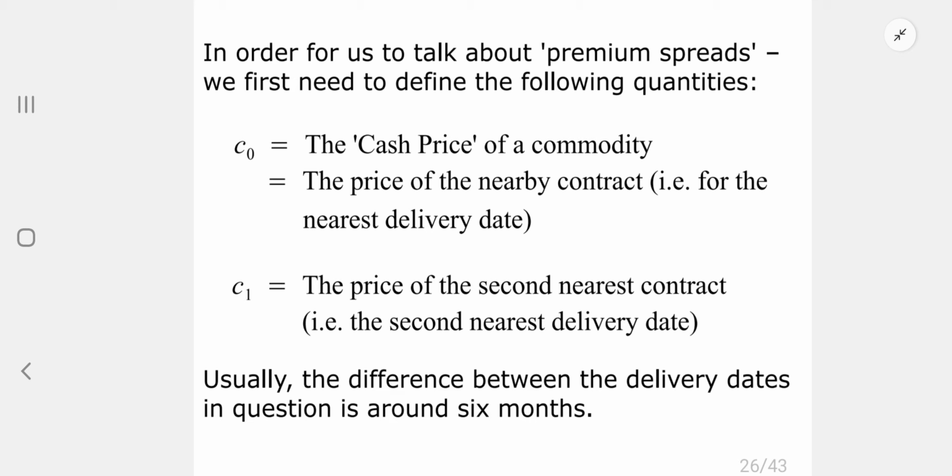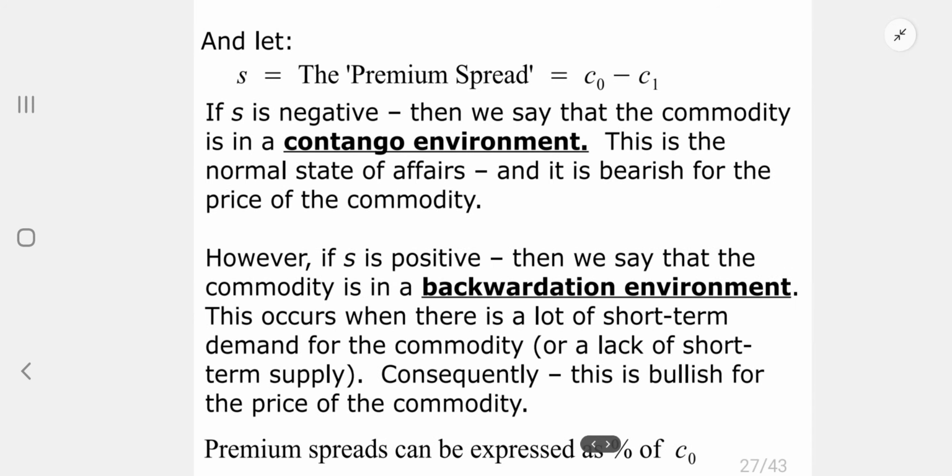And C1, which equals the price of the second nearest contract, i.e. the second nearest delivery date. Usually, the difference between the delivery dates in question is around 6 months. And let S equal the premium spread, which equals C0 minus C1.